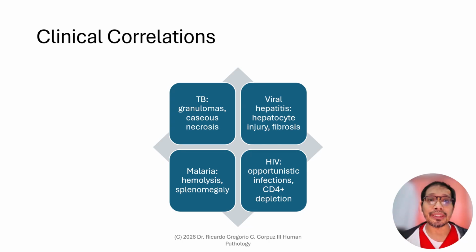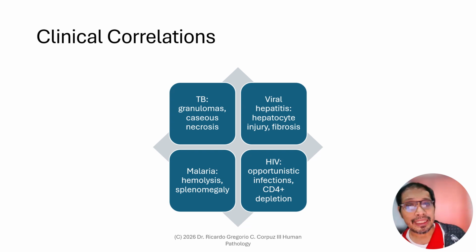Chronic inflammation leads to fibrosis, architectural distortion, and eventually cirrhosis. This explains elevated liver enzymes, jaundice, and long-term risk of hepatocellular carcinoma. Viral hepatitis shows how immune-mediated injury can drive chronic organ damage.